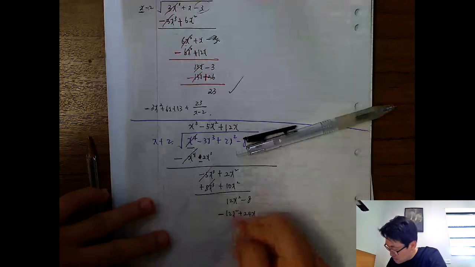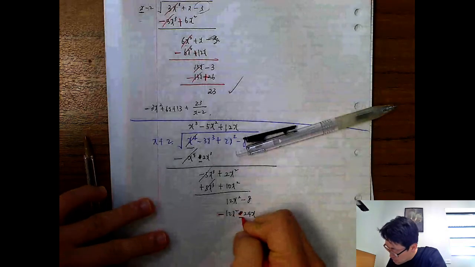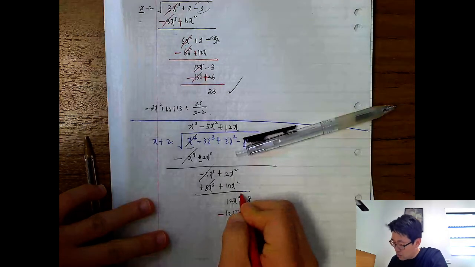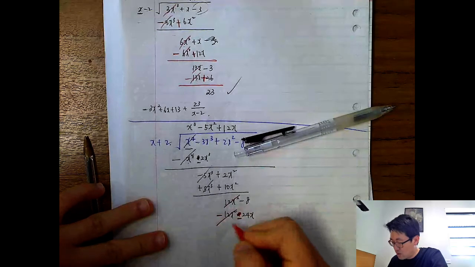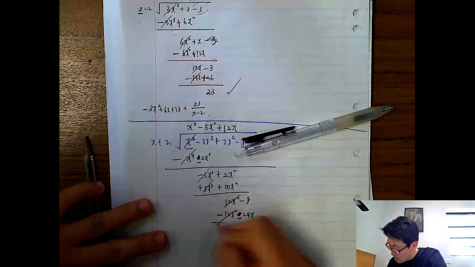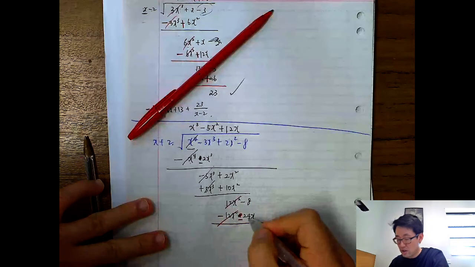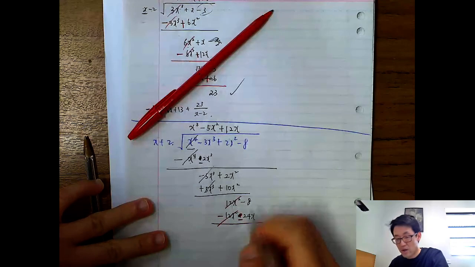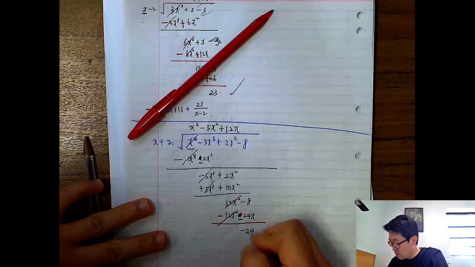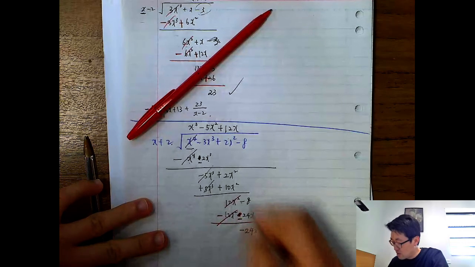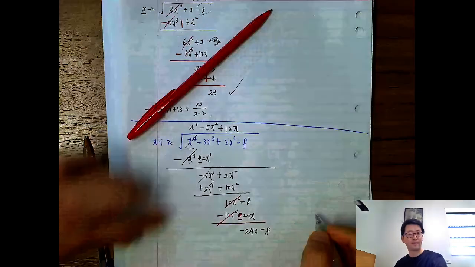And then minus, change the sign: 12x squared minus 12x squared, gone, 0. Can I do that? No, they're not the same degree. So all I need to do is write down x higher degree first, minus 24x minus 8.